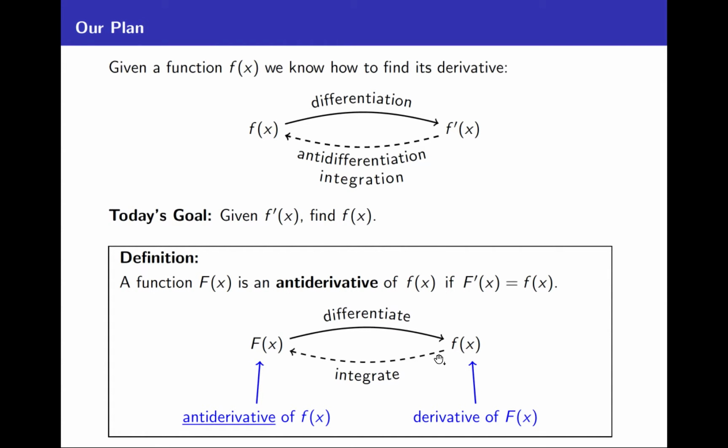And today we'll be looking at the process of finding an antiderivative of little f of x, going backwards to get this big F of x, which is the antiderivative of little f of x. And again, that process is called integration, and we would say we're integrating this function, little f of x, to get big F of x.